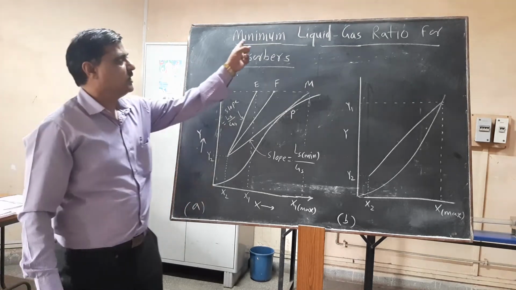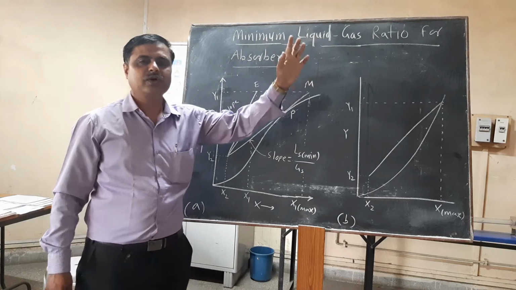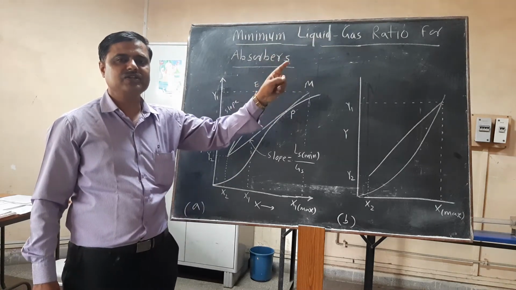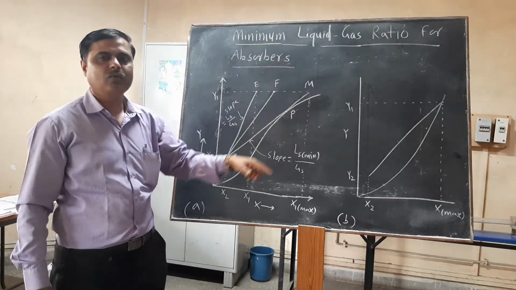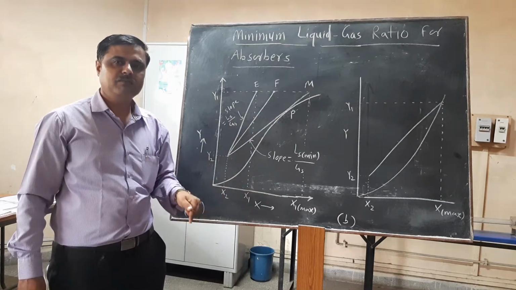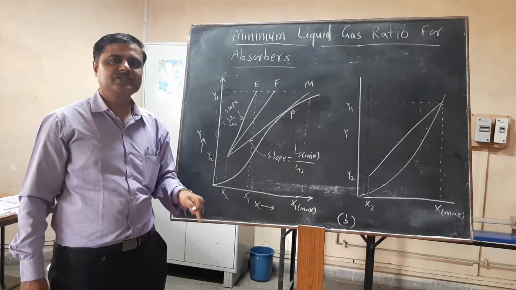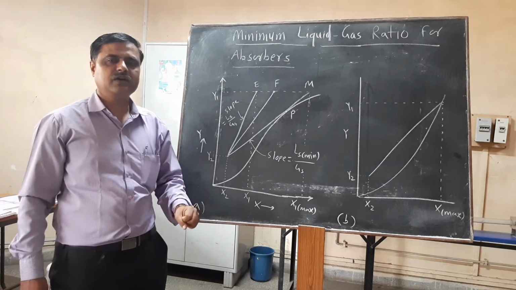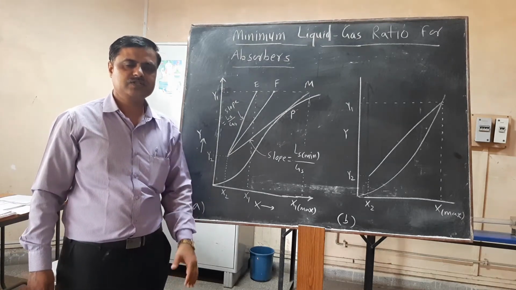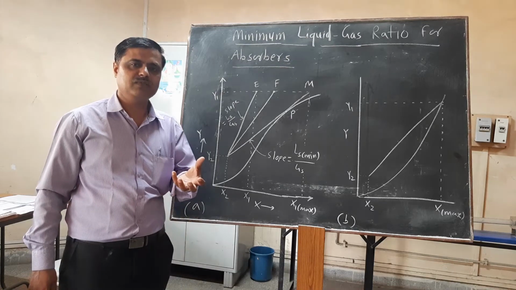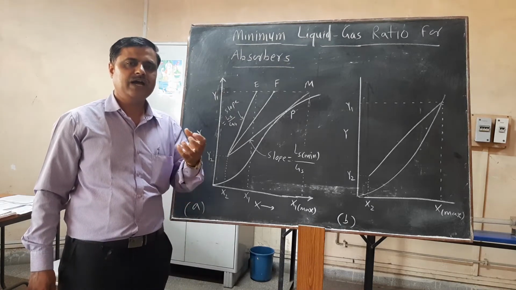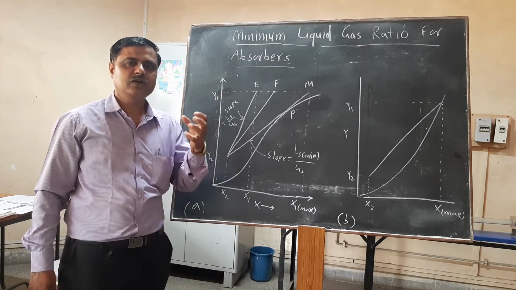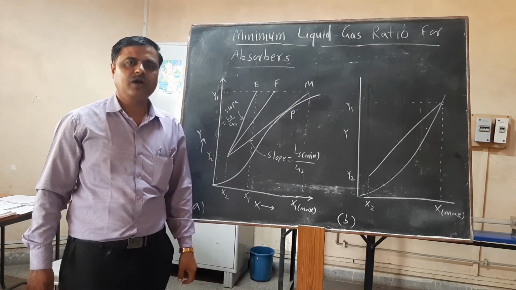Now, the minimum liquid to gas ratio, that is minimum L by G. What is the significance of the minimum liquid to gas ratio for the absorber? Let us consider the counter current process, where gas is passed from the bottom of the absorber and liquid enters from the top of the absorption column.